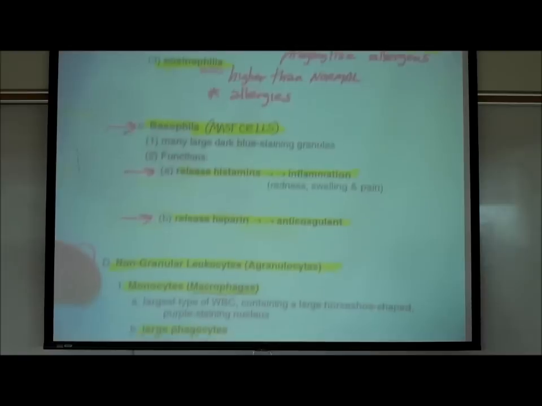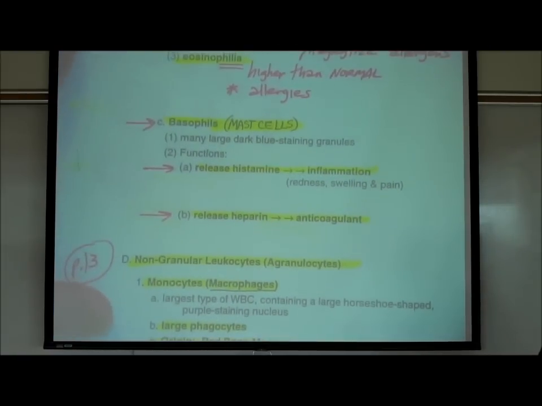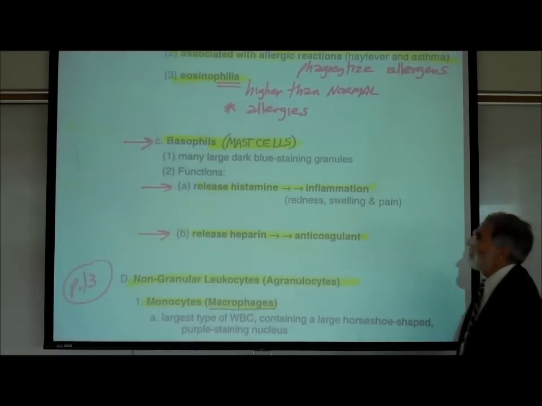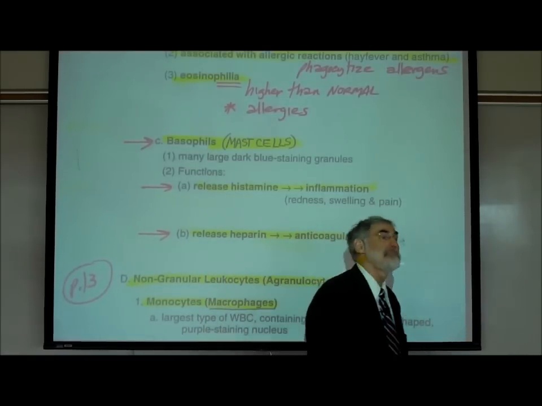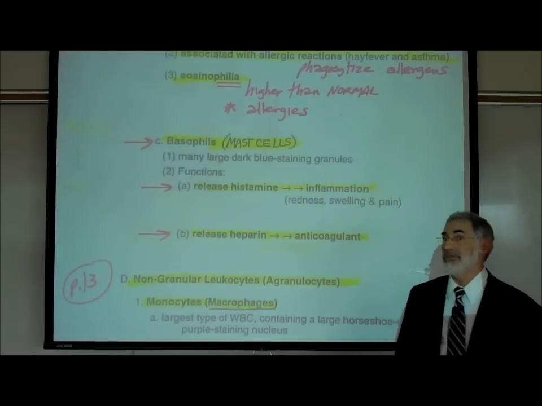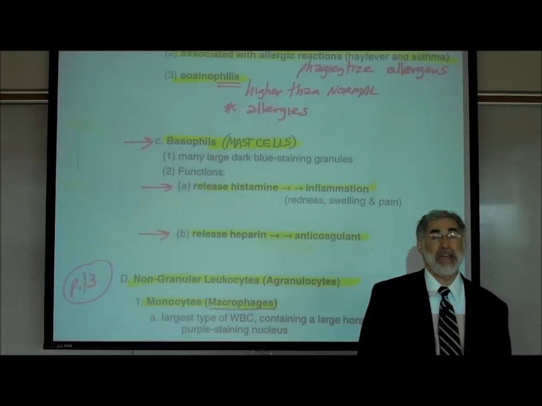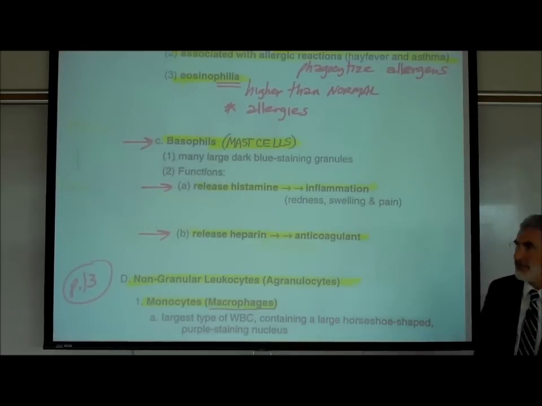And then the third type of poly, of which we have very few, are basophils. Basophils are actually very similar functionally to mast cells. You might have heard of mast cells in anatomy. They're found in areolar loose connective tissue.